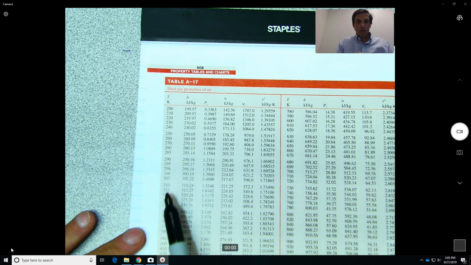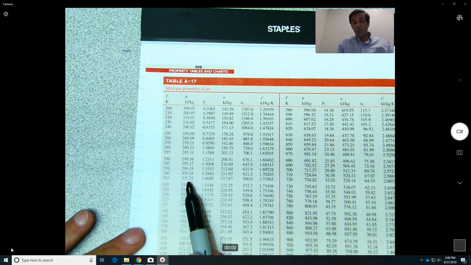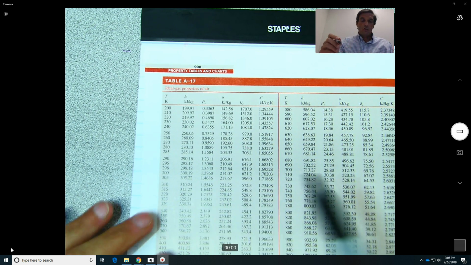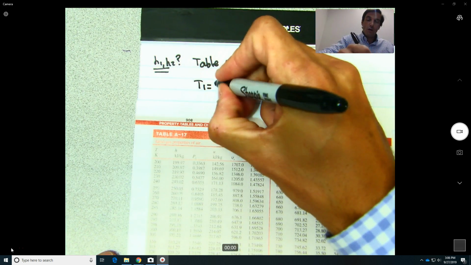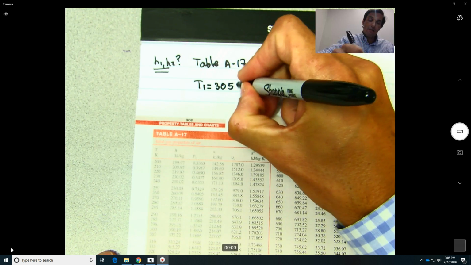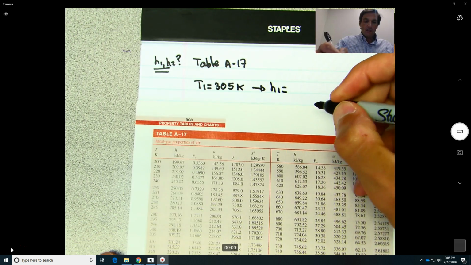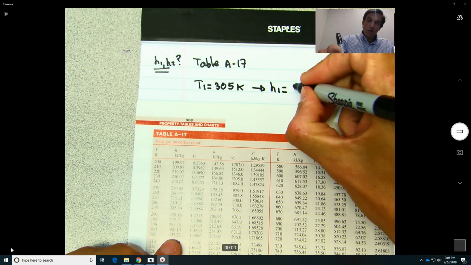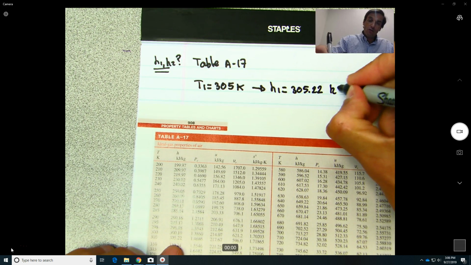So if we go to the table, 305, we are lucky, they give us that value. We can say from table A17 at T1 equals 305 Kelvin, we'll have that H1 is equal to 305.22 kilojoules per kilogram.